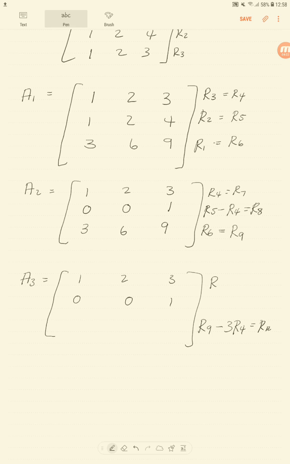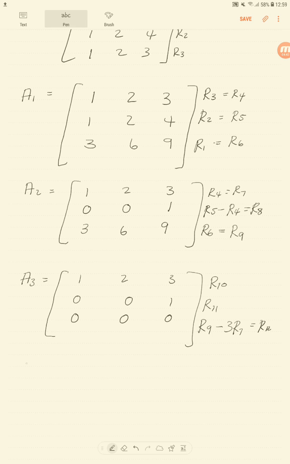Row 7 stays as is, it becomes row 10, and row 8 stays as is, and it becomes row 11. So row 9 minus 3 times row 7 means 3 minus 3 is 0. 6 minus 2 times 3 is 6, so 6 minus 6 is 0. And 9 minus 3 times 3 is 9 minus 9, which is equal to 0.